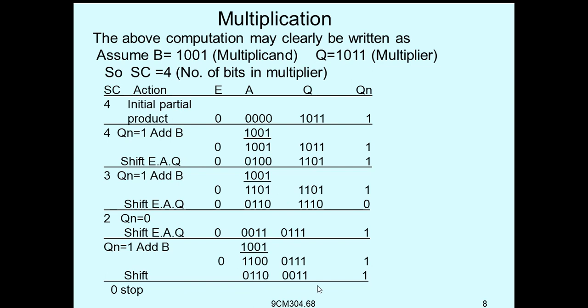Just check it: 2 power 0, 2 power 1, 2 power 2, 2 power 3, 2 power 4, 2 power 5, and then 2 power 6. So we will get the result 99.